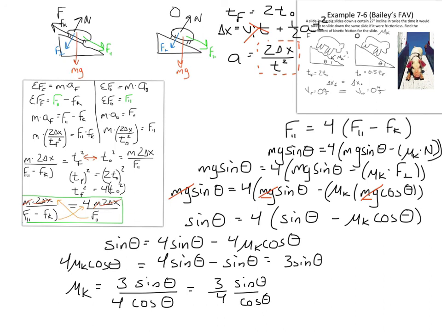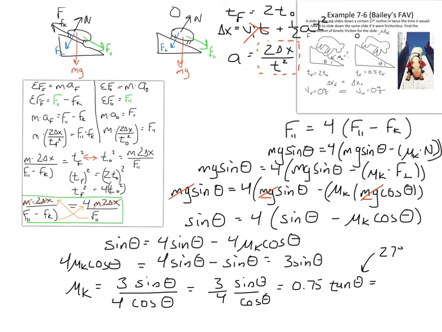What is sine theta over cosine theta? Well, it's really just 3/4, or I'm going to do it in decimal form, 0.75 times the tangent of theta. What is theta? That's 27 degrees, right? Stick that right in there.